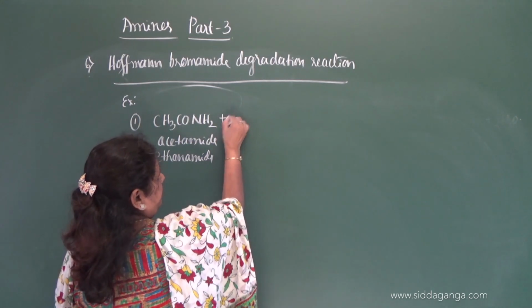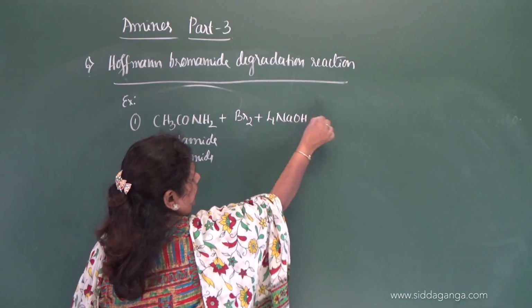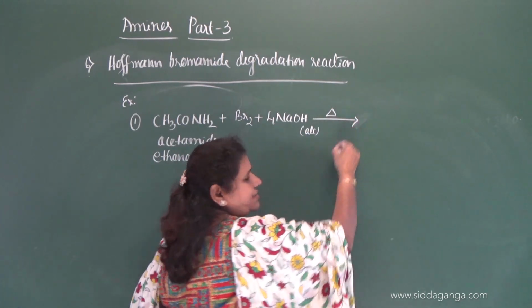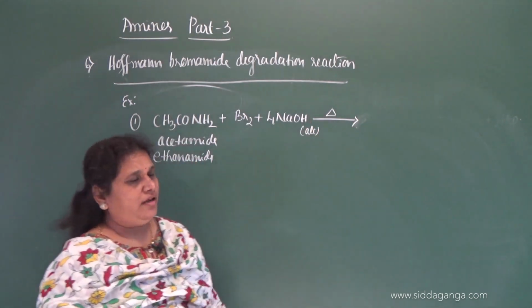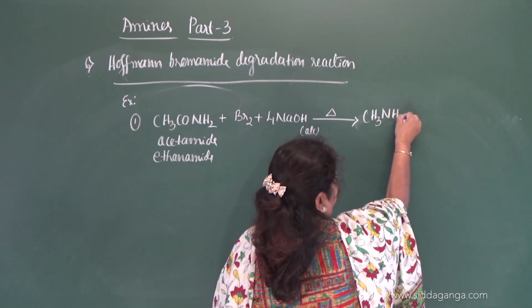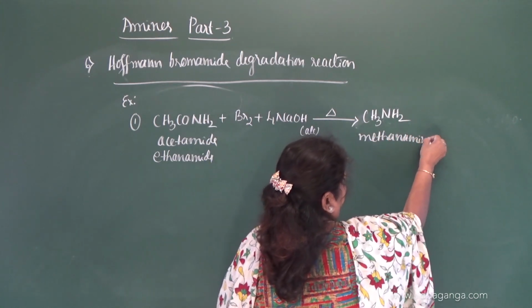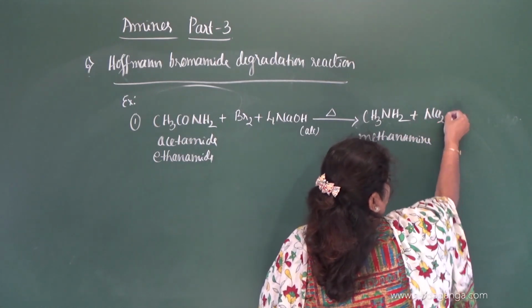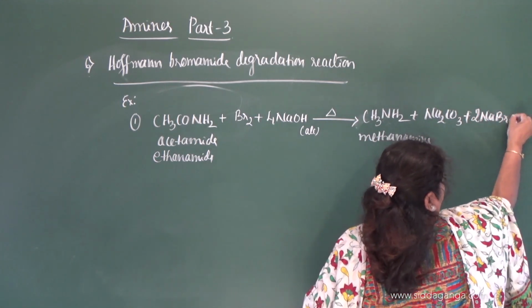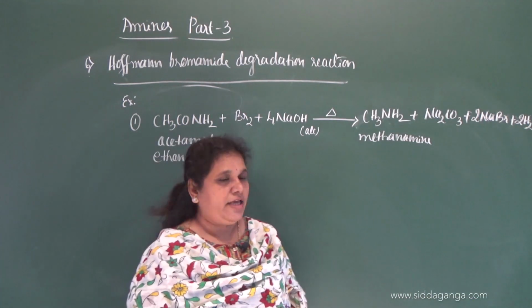When it is heated with bromine in the presence of alcoholic or aqueous NaOH on heating, this symbol of heating is very important, it undergoes reaction to give methylamine, that is methanamine, and 1 molecule of sodium carbonate, 2 molecules of NaBr and 2 molecules of water. So this is the balanced equation.